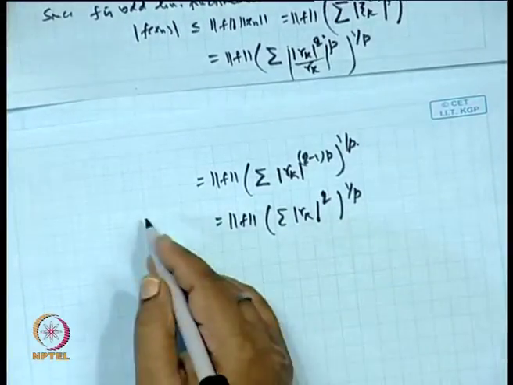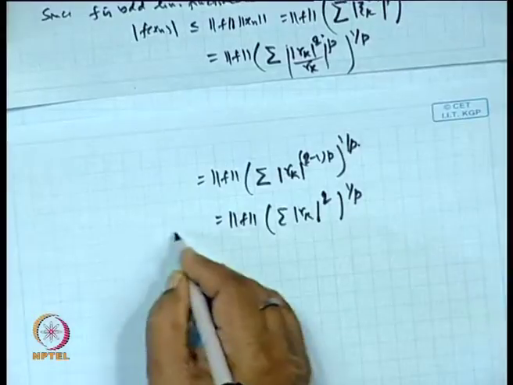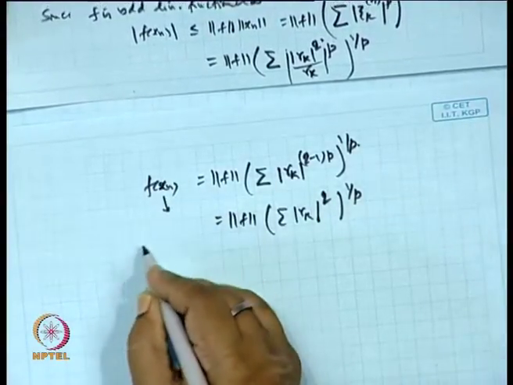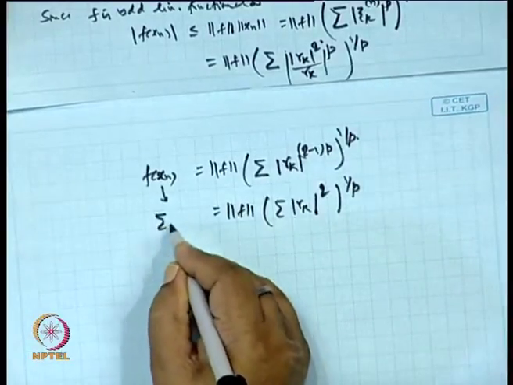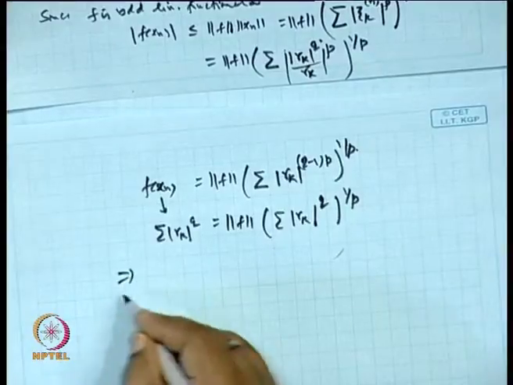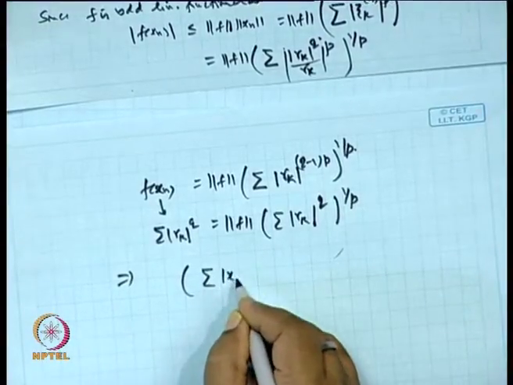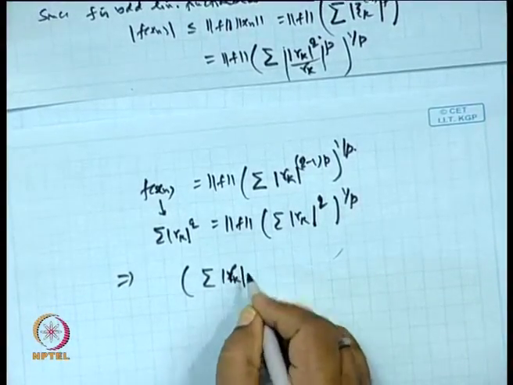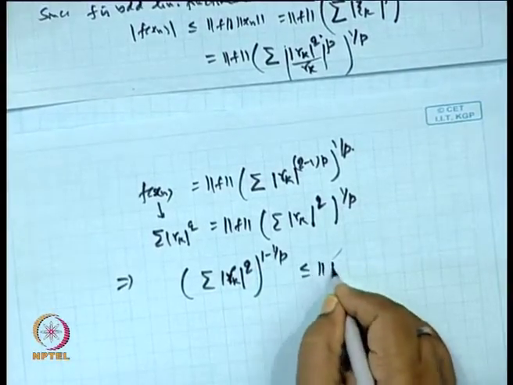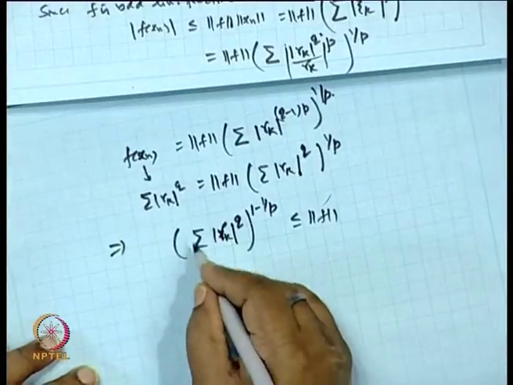Okay. And the right-hand side, f of x n, is equal to the sum of mod gamma k power q. So, dividing by this, we get the sum of mod gamma k power q, raised to the power 1 minus 1 by p, less than or equal to norm f, and this is sum from 1 to n.